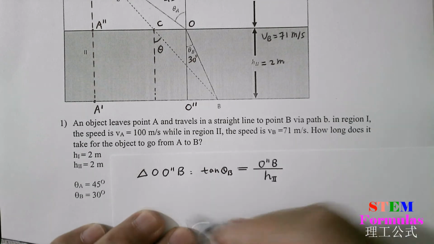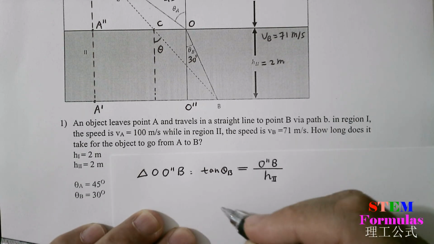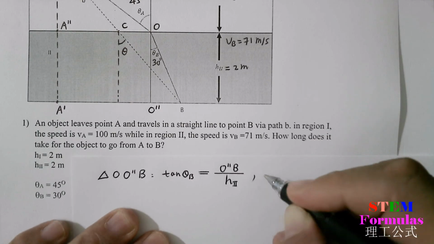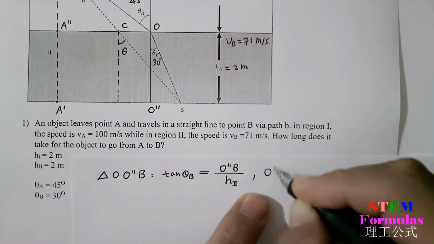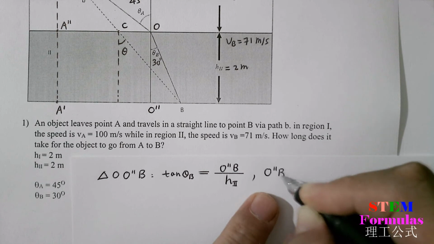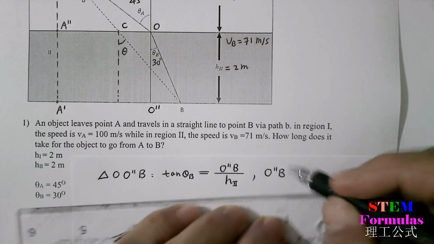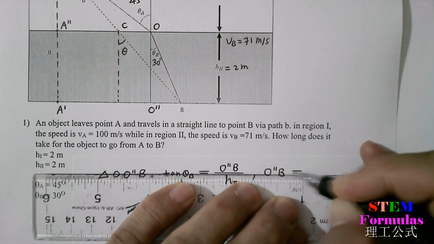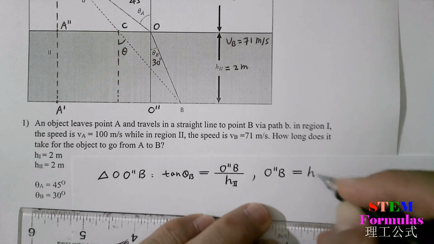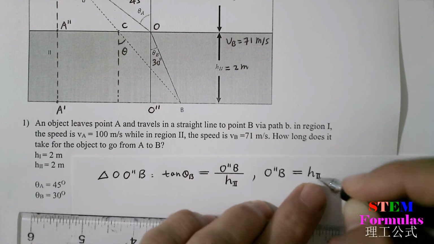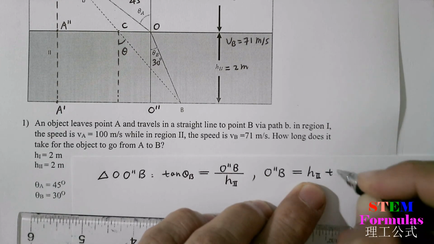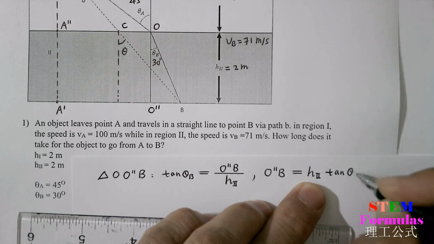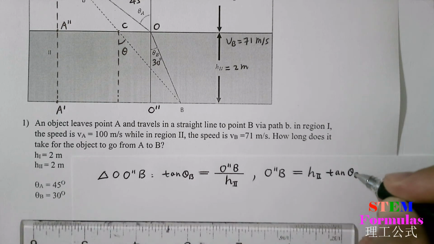So therefore, O double prime B equal H2 times tangent theta B.